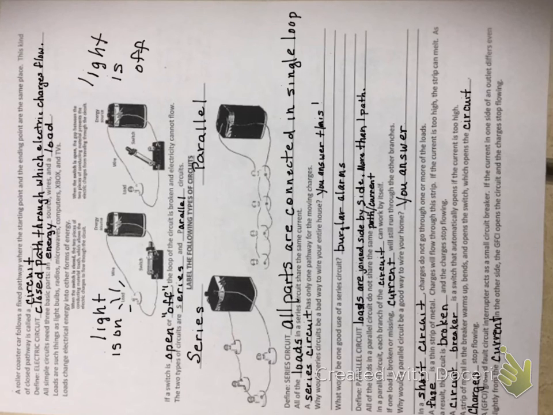That's a GFCI. If the current in one side of an outlet is different from the current on the other side, the GFCI opens the circuit, it kicks open that circuit breaker, and the charges stop flowing. Again, all of these are safety precautions.